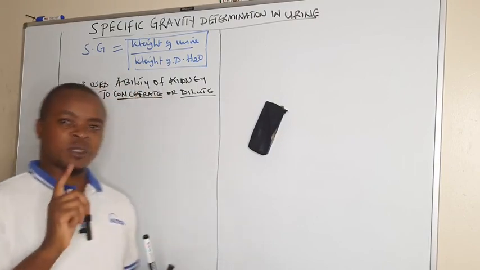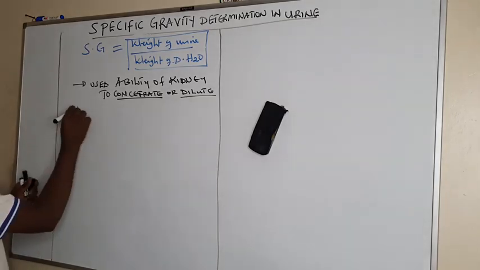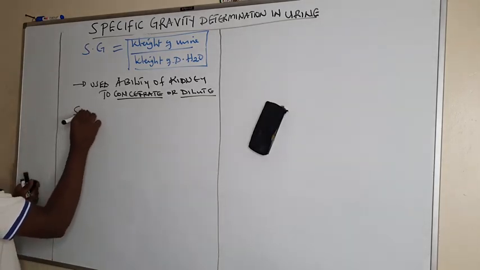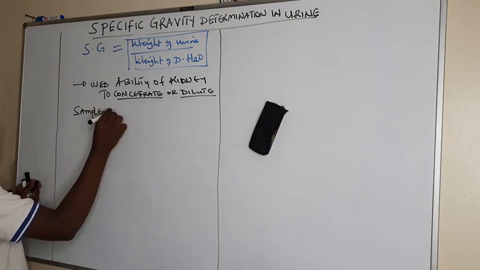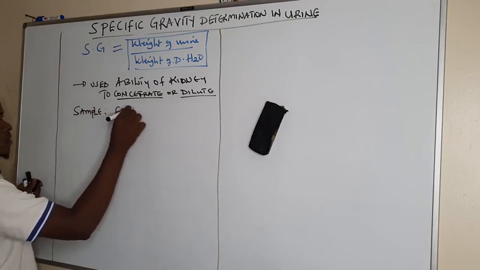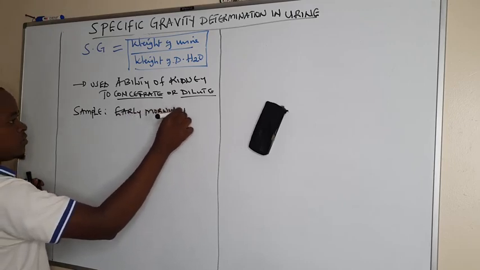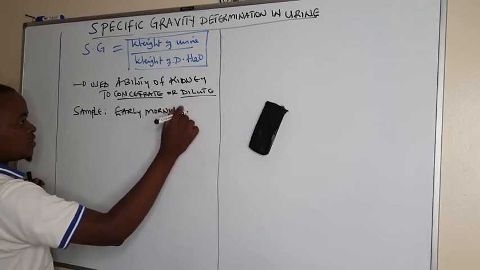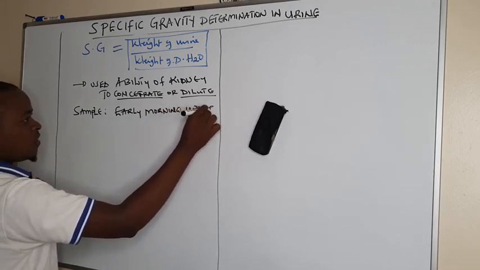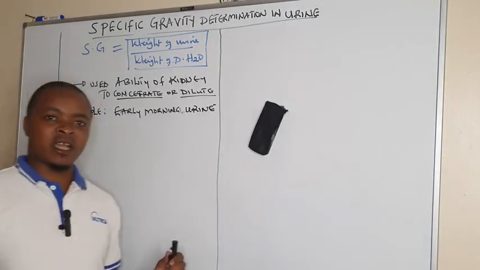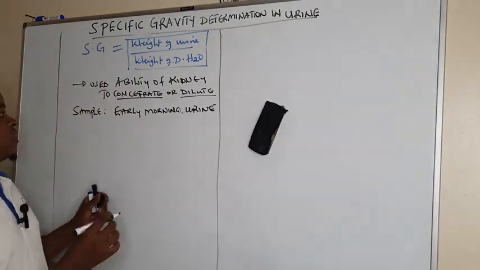And this test of specific gravity is done on the sample or specimen. We use early morning urine. So the first urine you void when you wake up in the morning is the one we use.